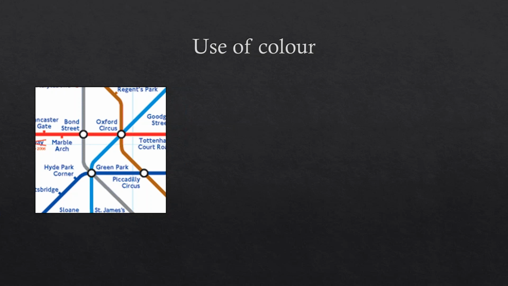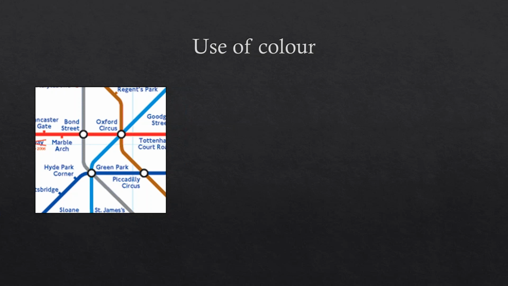In this first image, I just want you to look at the Oxford Circus tube station. It has the brown line and the red line going through it, which are the Central line running east to west, and the Bakerloo line running north to south. Use of colour there is very effective for people who can perceive colour. It makes it very easy for someone to instantly spot what line they need to be on and what stations it intersects, where they can get off and on and so on.